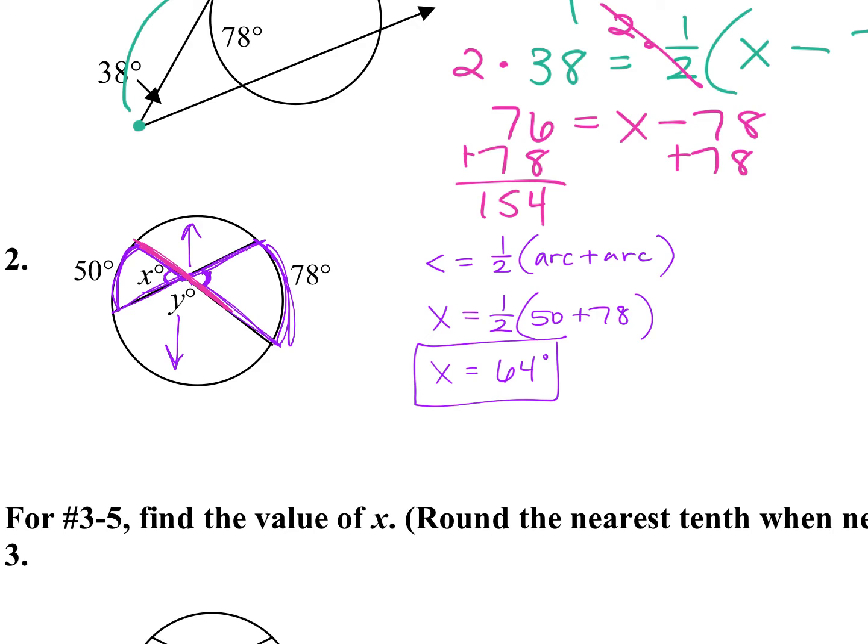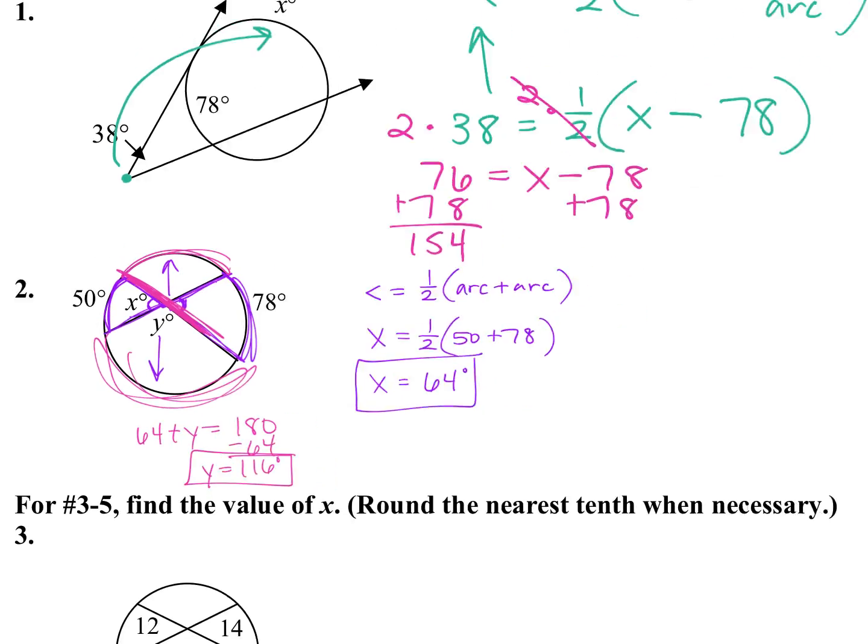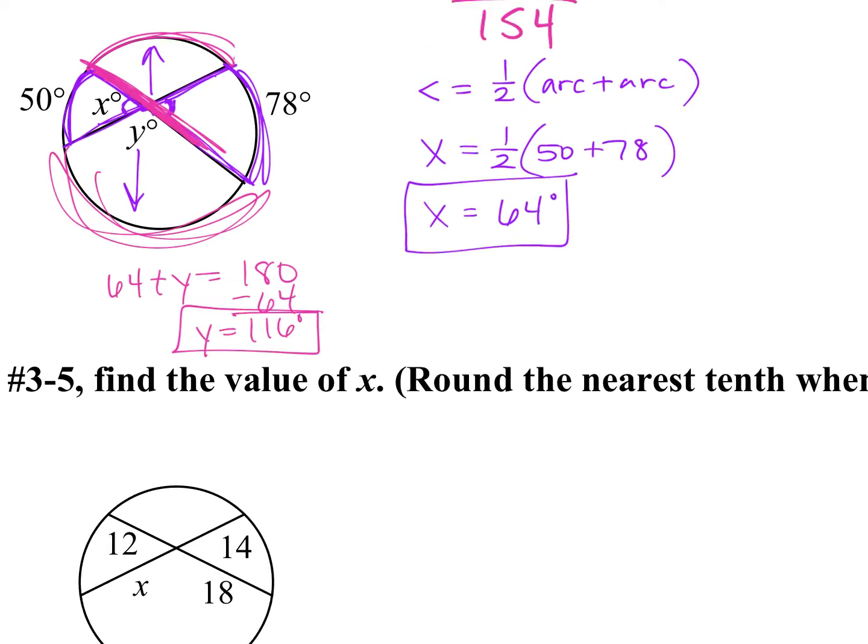Now you could find Y right now by subtracting from 360 and finding these. That's so much more work. Just, this is a straight line, okay? Straight lines are always 180. So you're just saying 64 plus Y equals 180. So take away the 64 and Y is that 116, I believe? Yeah.